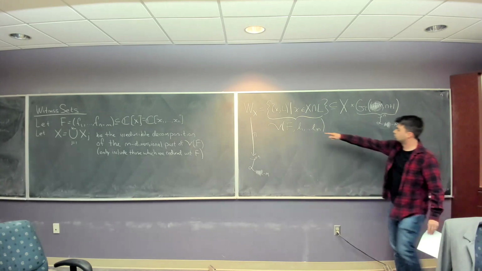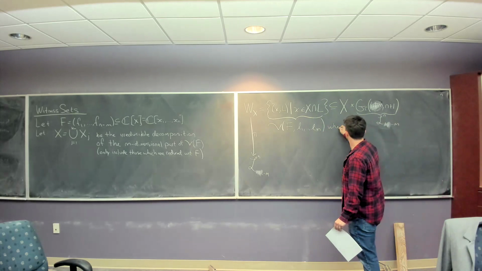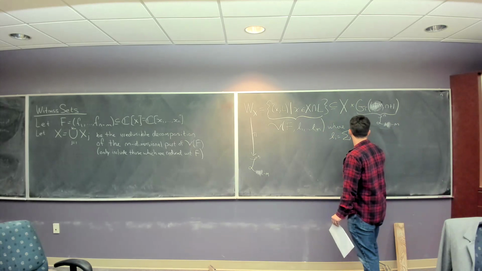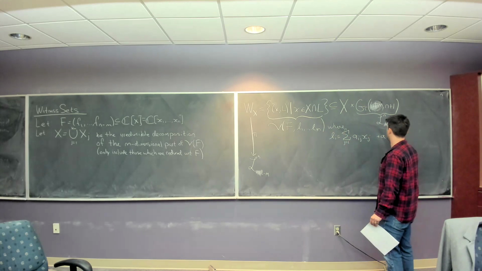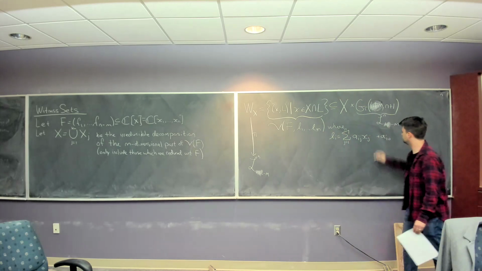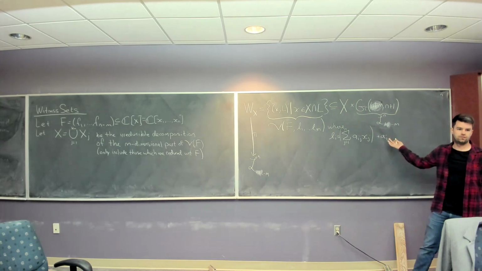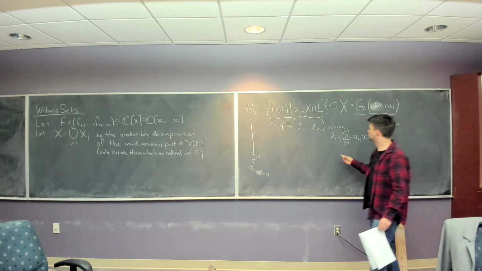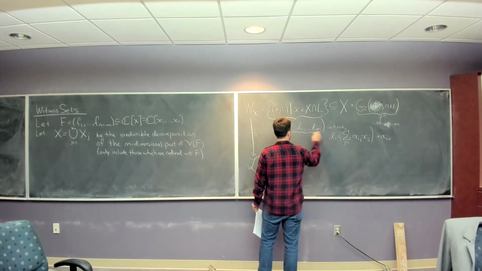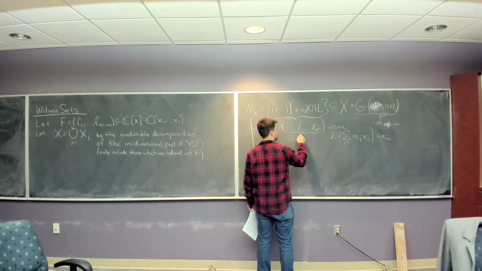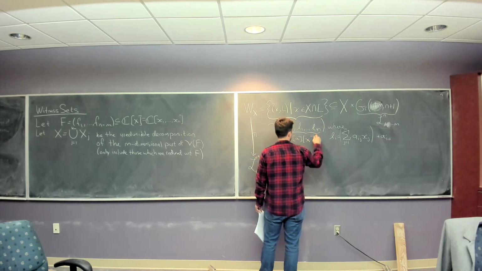Right? So what are these L's? Well, it's just sum over j from 1 to n of a_ij x_j, plus a_i0. It's just a generic linear form. So these a_ij's are all parameters. Parameters, we have our variables.